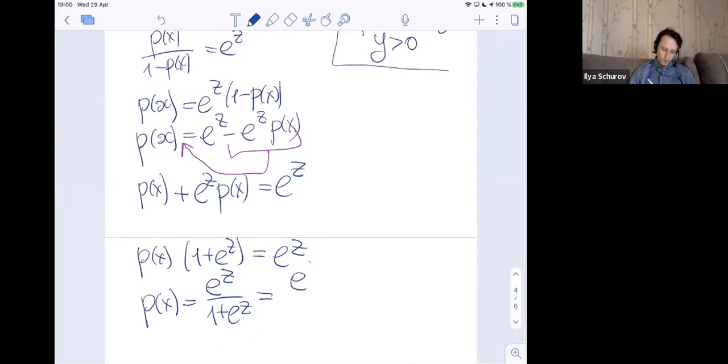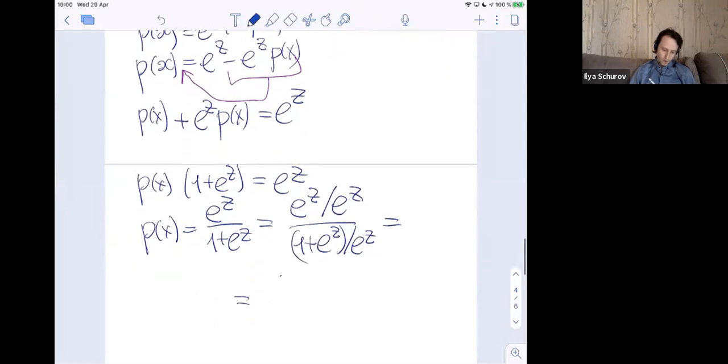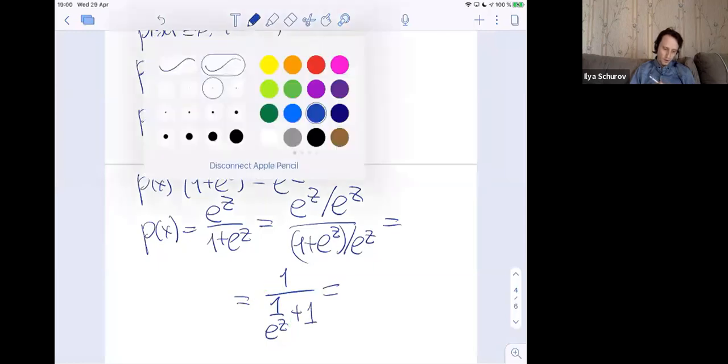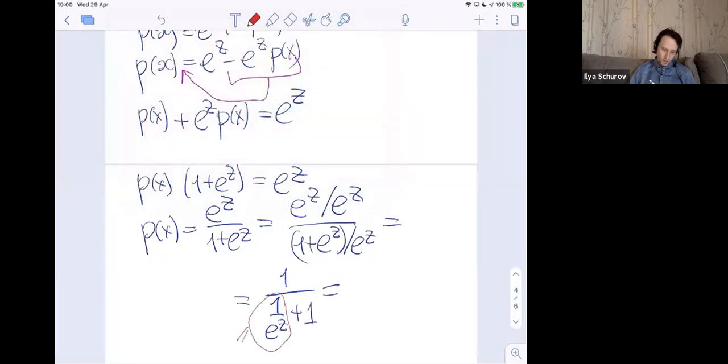And 1 over e to the power z can be rewritten as e to the power minus z.